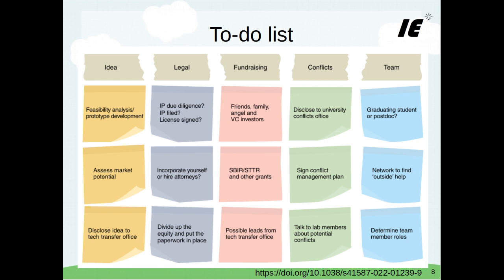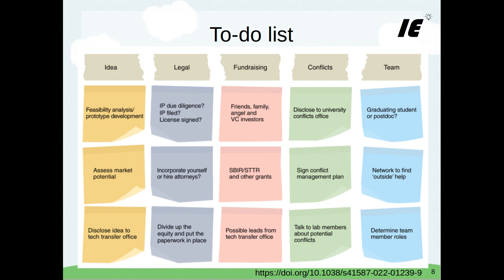Now this is a list that I'm showing you in the figure, which gives you a more detailed, step-by-step to-do list to form your company or startup. A lot of things don't need to be done in sequence, or some parts can be ignored depending on the context, the type of idea or technology.